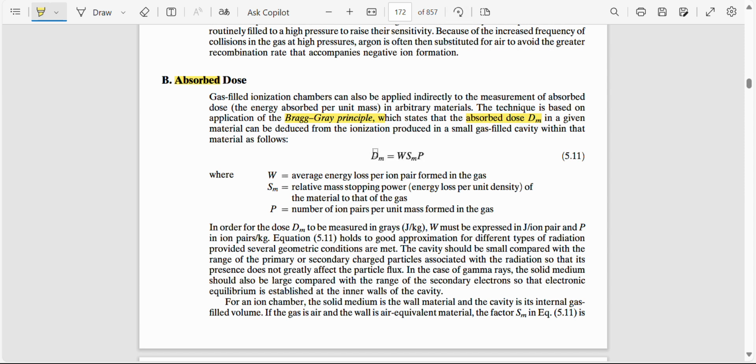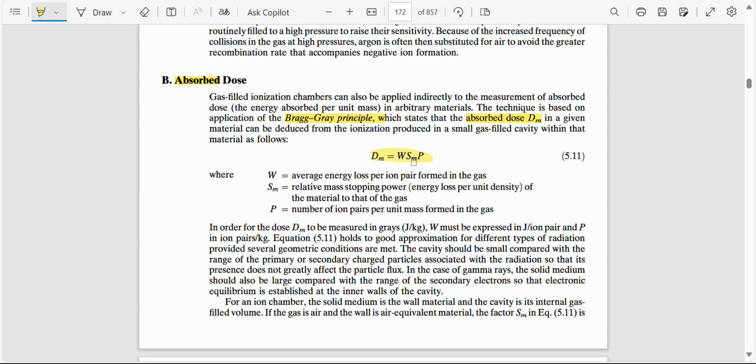The expression of absorbed dose is Dm equals W Sm P, where W is the average energy loss per ion pair, Sm is the relative mass stopping power, the energy loss per unit density of the material relative to the gas, and P is the number of ion pairs per unit mass formed in the gas.